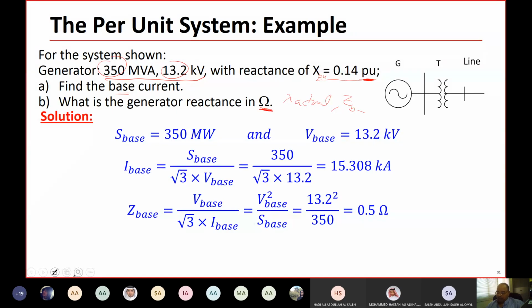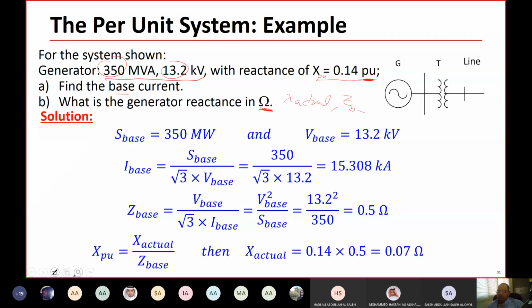Z base equal to 13.2 squared over 350, 0.5 ohm. X per unit equals X actual over Z base. Then X actual equals per unit quantity multiplied by Z base, so it gives you 0.07 ohm. Is it clear?